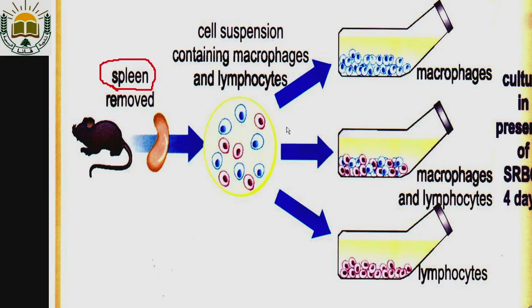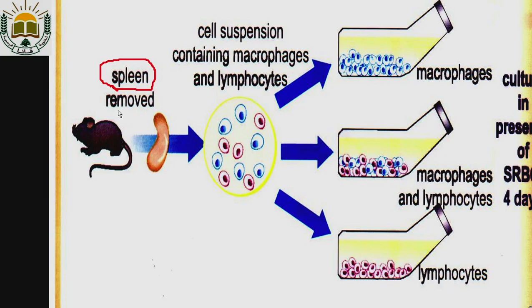Yes, we are separating the cells in 3 containers. In the first container, we are putting macrophages. In the second container, macrophages and lymphocytes. And in the third container, only lymphocytes.